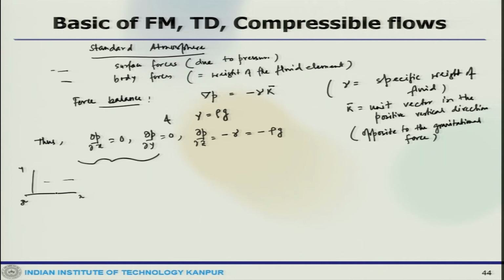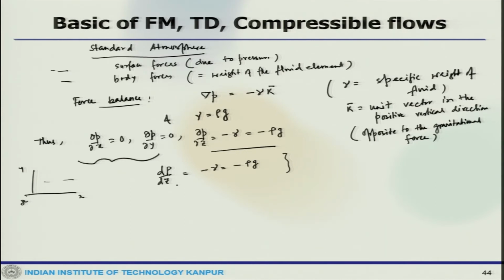P only depends on z, and so this equation we can write as an ordinary differential equation: dp by dz is minus gamma, which is minus rho g. This is a fundamental equation when the fluid is at rest and can be used to determine the pressure change with elevation or height.